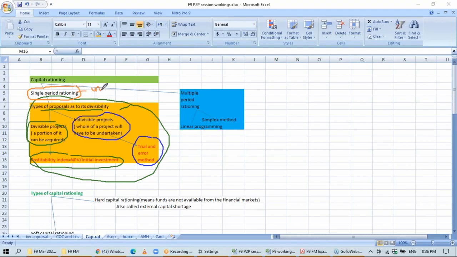So the rules we have considered, which are in our FM syllabus, are that we are tested only on single period rationing. If there is multi-period rationing, either linear programming or the simplex method will be used. Both of these are not to be examined in our syllabus, right? So we have not discussed these two methods. We have just discussed the profitability index and trial and error method. So that's the answer to this part, right? Now let's move on to the next part.